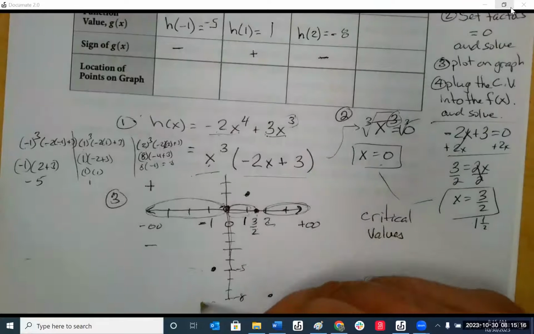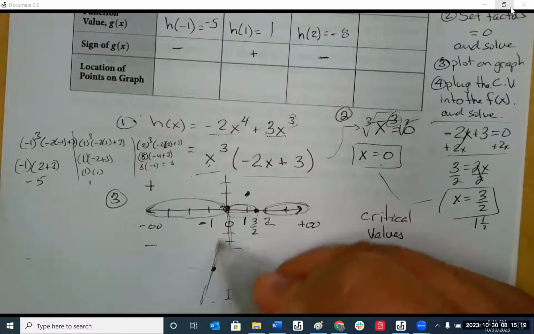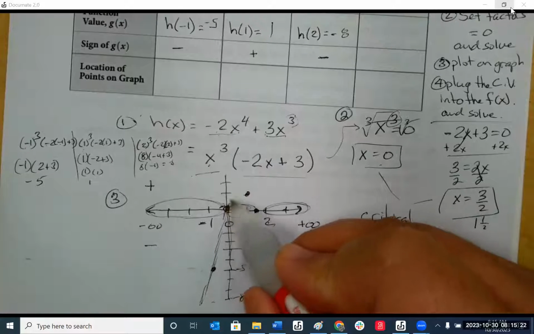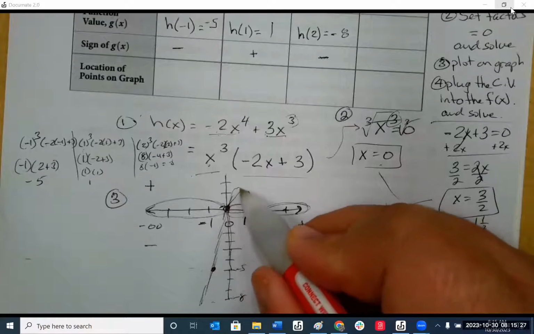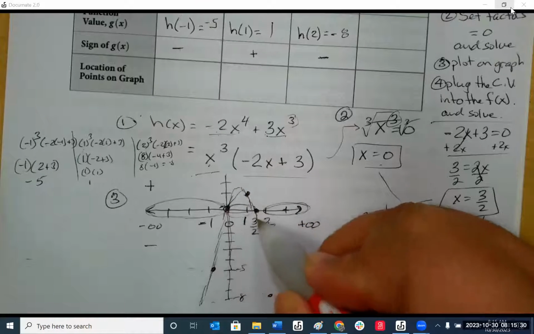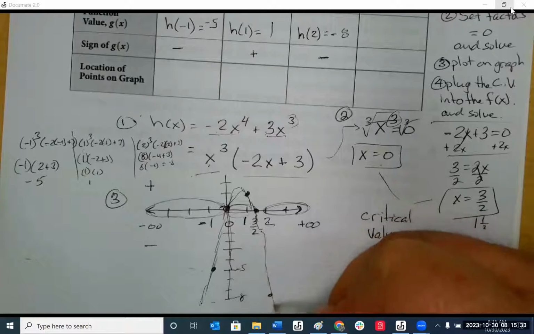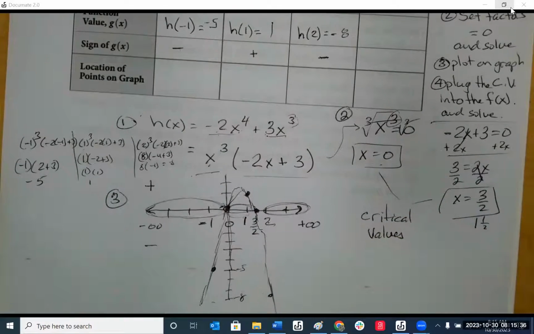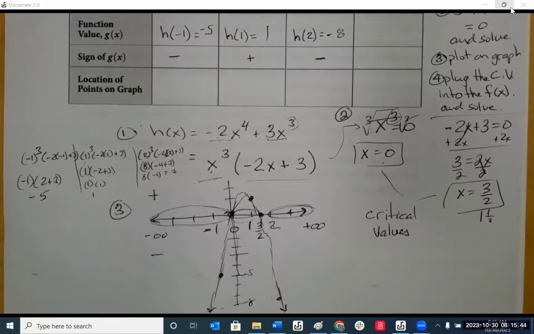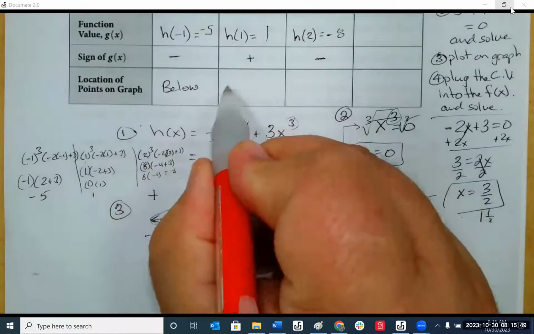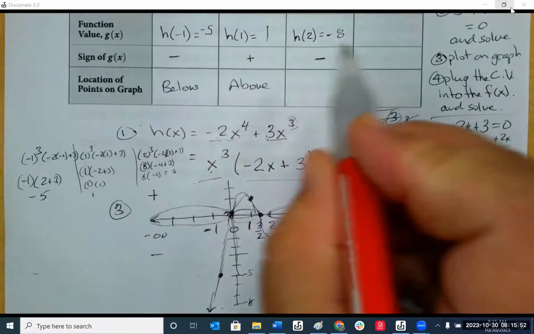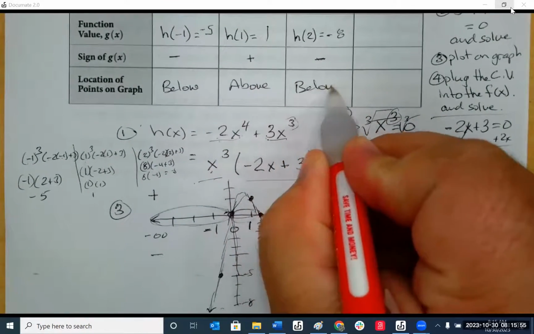So what this says here is our graph will go something like this. The location of the graph is below the x-axis, above the x-axis, below the x-axis.